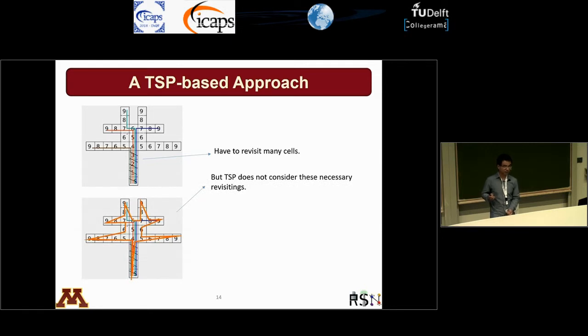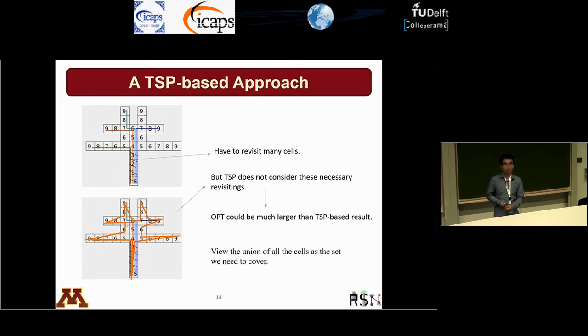But the TSP does not consider these revisits. So OPT could be much larger than the TSP-based result, which implies that a TSP-based split approach may not be enough to solve this kind of problem. So we need to seek another approach to deal with this.